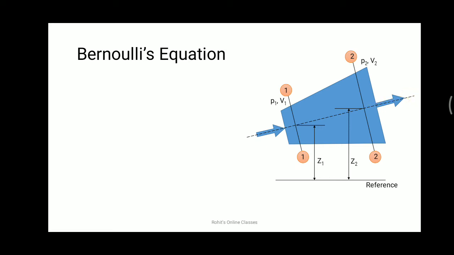Okay, and while going through this machine component, the flow is experiencing that the area at the inlet is smaller and area at the outlet is larger. Are you getting this?